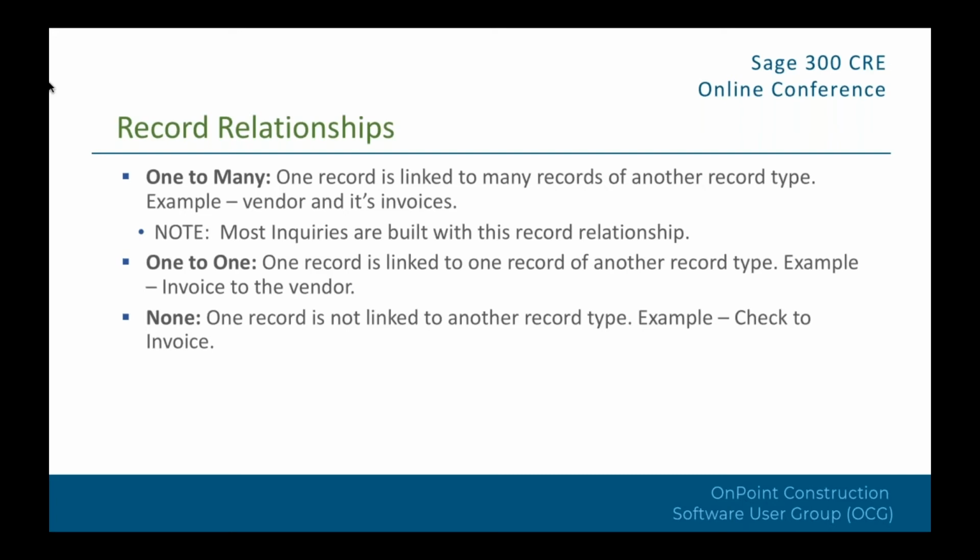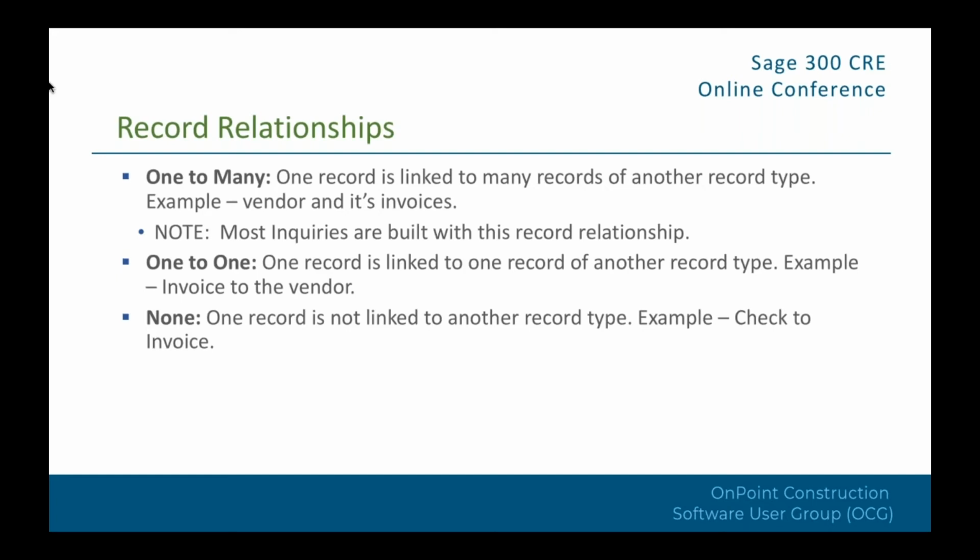One job has all of its cost codes. And most of the time, the inquiries are built on that scenario, where you start off in one place, you hit enter, and you drill down into that more detailed information.